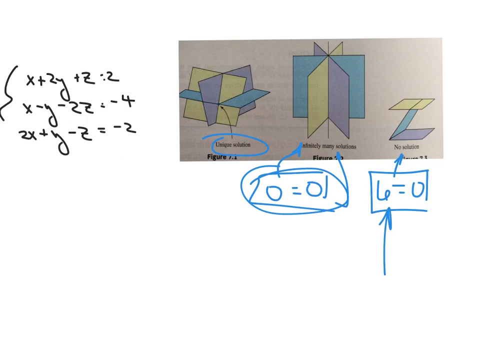You get rid of all your stuff, and you find that your top one already has a 1 in front of the x, so you don't need to do anything there.